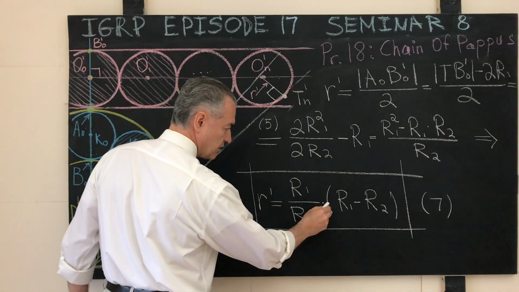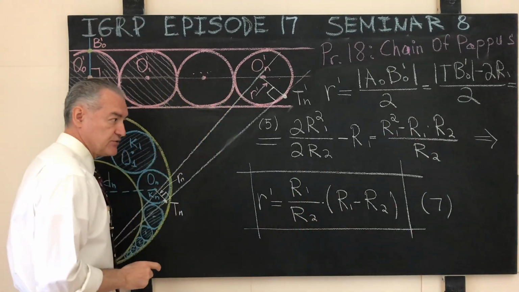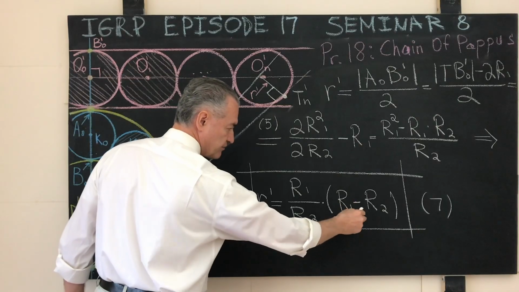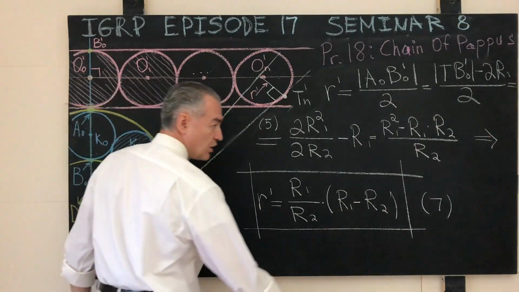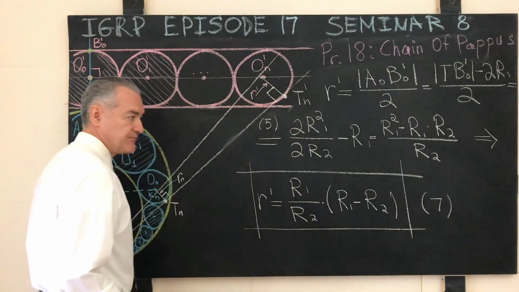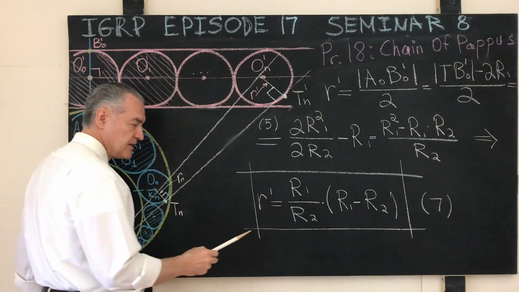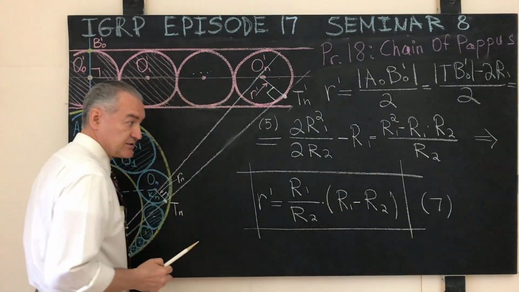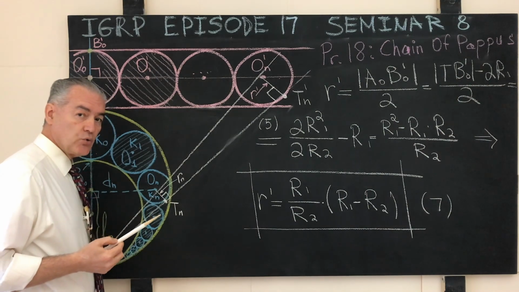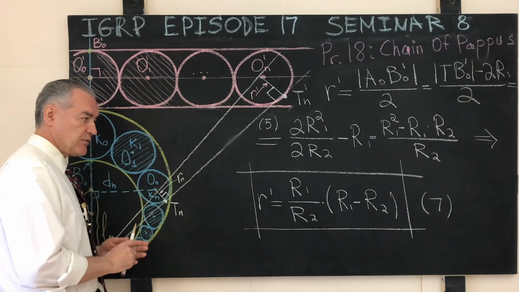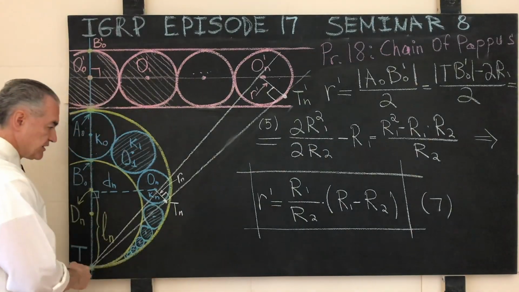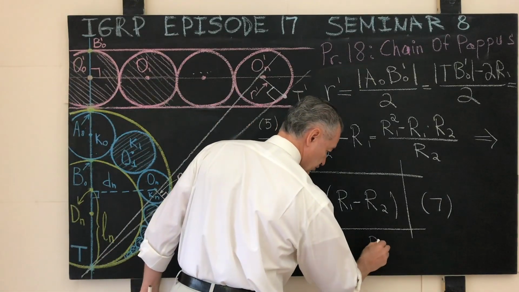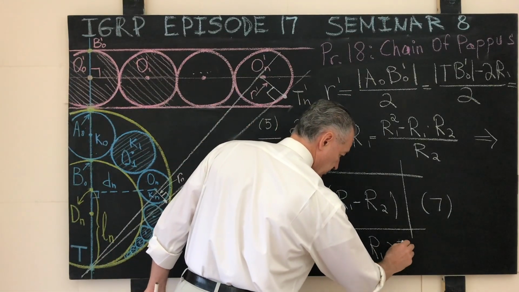This time, compare this formula to the previous formula that we obtained for the sum. This time there is a difference between the radii of the generating circles. We will number this relationship as number 7, and do realize that algebraically just about anything can make sense, but here the difference is a valid construct, and it always makes geometric sense, because remember, in our case we picked or named our circles in such a way that we have the following constraint: R1 is greater than R2.